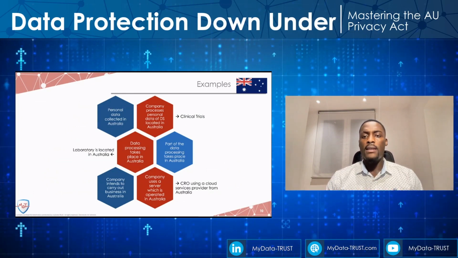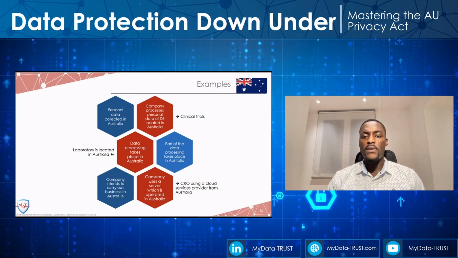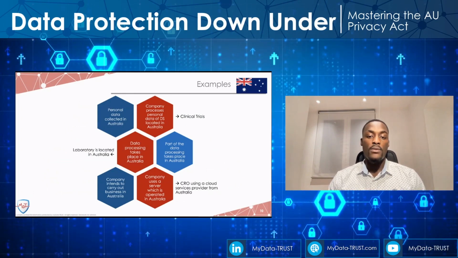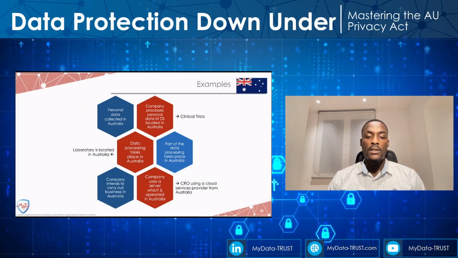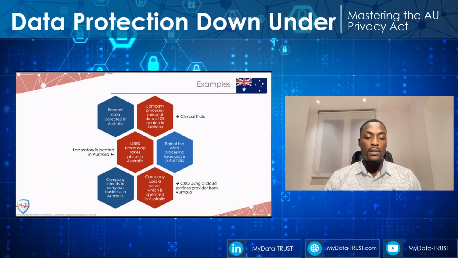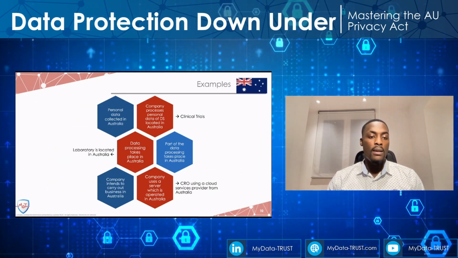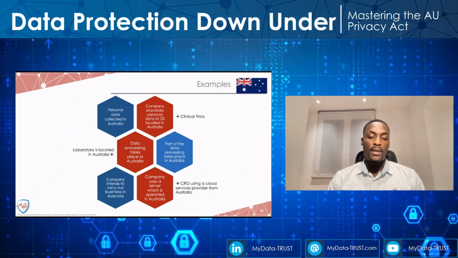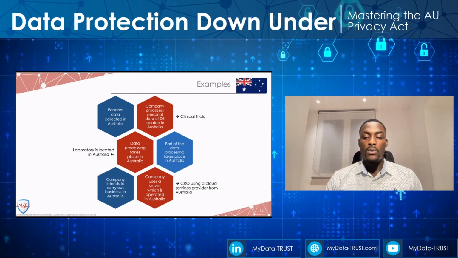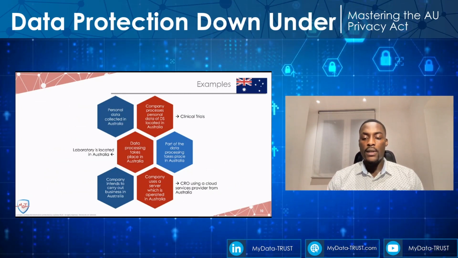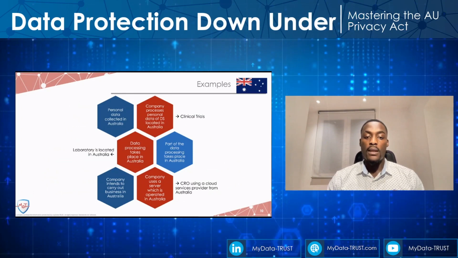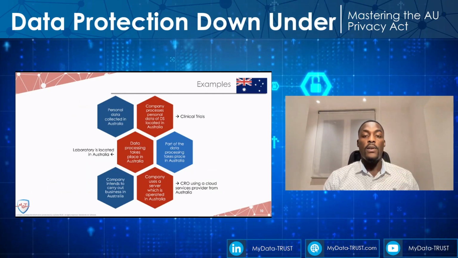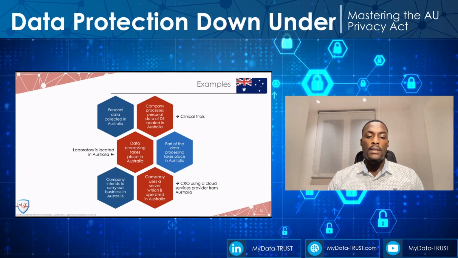More specifically, if your company processes personal data of data subjects located in Australia, for example in the case of a clinical trial, or if data processing of your organization takes place in Australia by using a laboratory based there, or if your company uses a server which is operated in Australia, typically a CRO using a cloud service provider in Australia. In all these cases, the Privacy Act will apply to your organization.